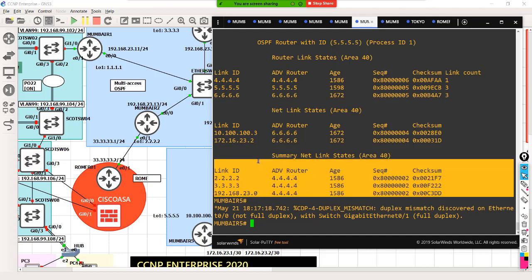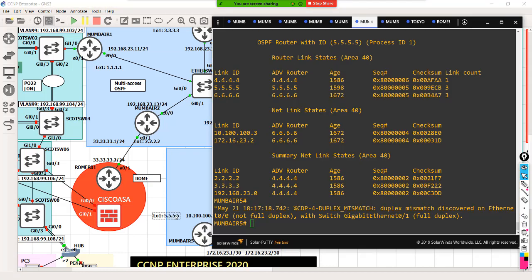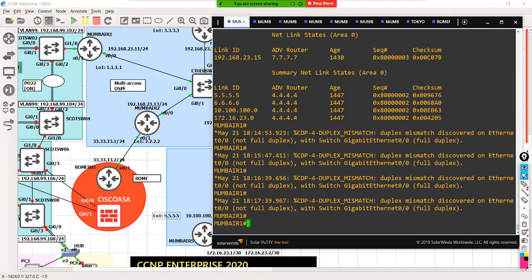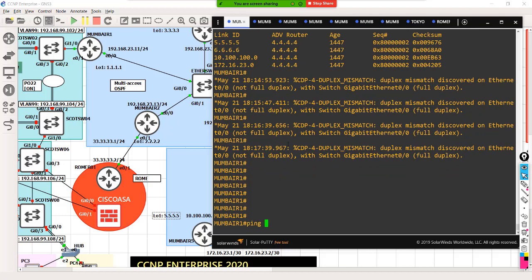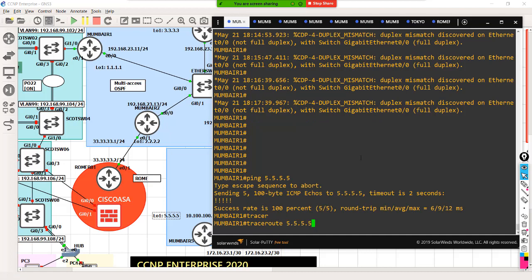So basically you have reachability till the end. We can give a try. Let's say I am on the first router and I want to ping this. If I give a ping, they are reachable. Let's see on which path they are traveling.